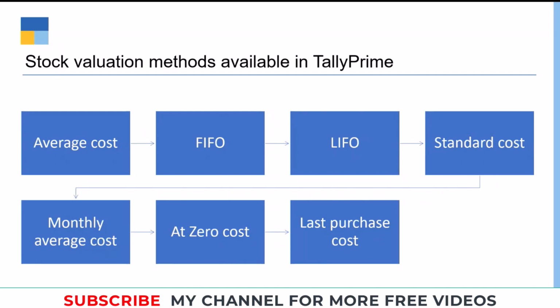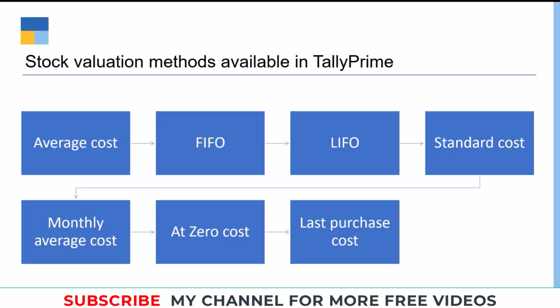Next is first in, first out, FIFO, and last in, first out, which we call LIFO. Next we have the standard cost method, and we have the monthly average cost method. Monthly average is nothing but a sub-component of the average cost method. Next we have at zero cost and the last purchase cost.